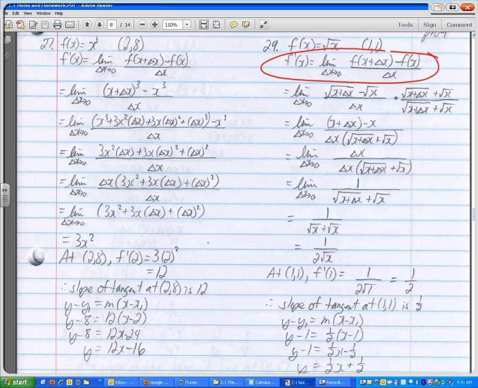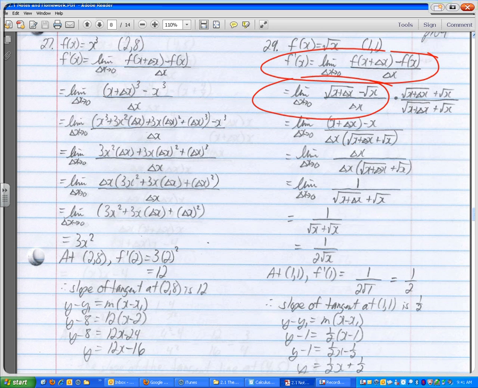Even more than knowing it, keep writing that down until you can do the substitution step perfectly, because it's more than just memorizing the definition. You've got to be able to put the x plus delta x in and get the correct f of x plus delta x. I think until you get really, really good at that, it's going to help to be looking at the definition while you do so.